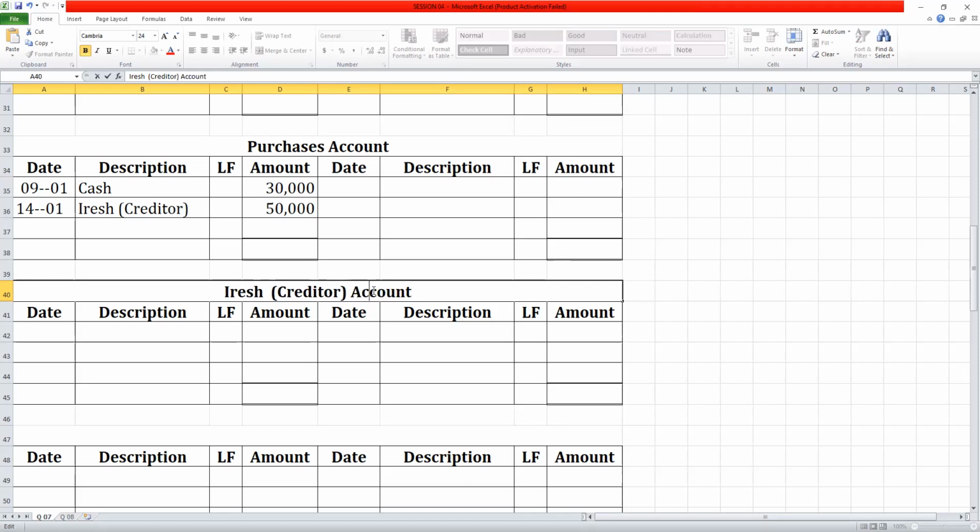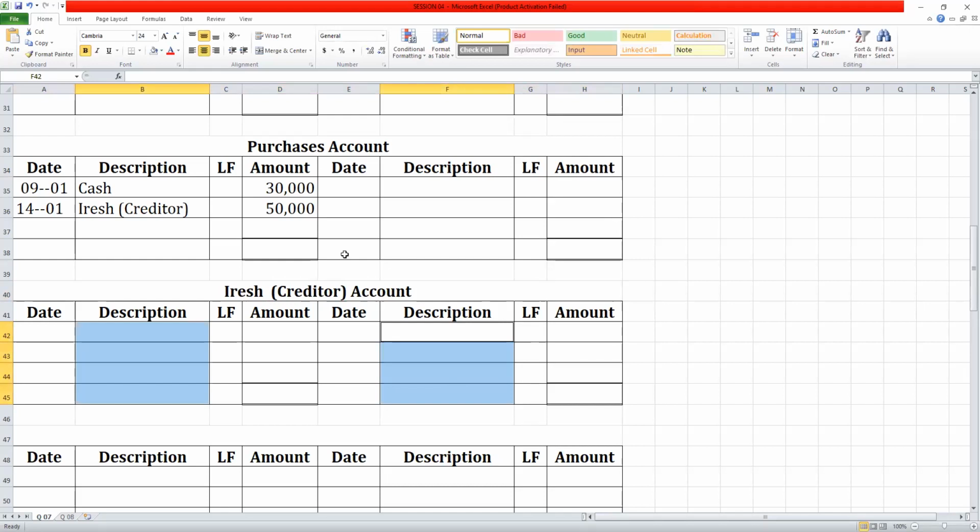Iresh account. Who can tell me what we should do in the personal account of Iresh? It's very simple. Can someone tell me? We have debited purchases account. So you can understand Iresh account should be credited, right? 14th January, purchases, amount 50,000.